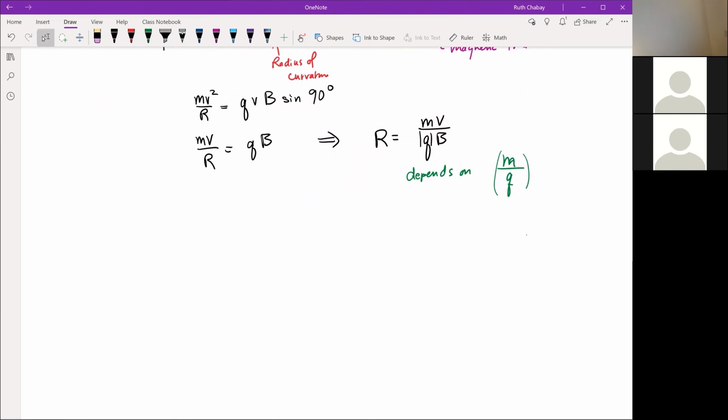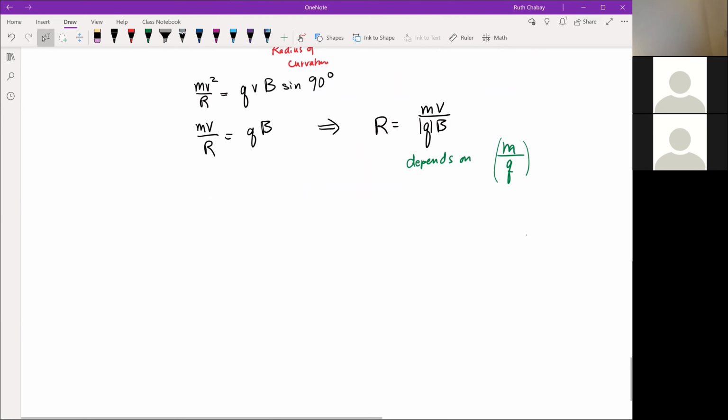We can look at this a little later if we have time, but this is actually how a mass spectrometer works. In a mass spectrometer, a charged particle, part of an atom, or even some sort of molecule, is ionized by knocking off an electron, and then accelerated through a potential difference. And then there's a magnetic field in the region through which it travels.